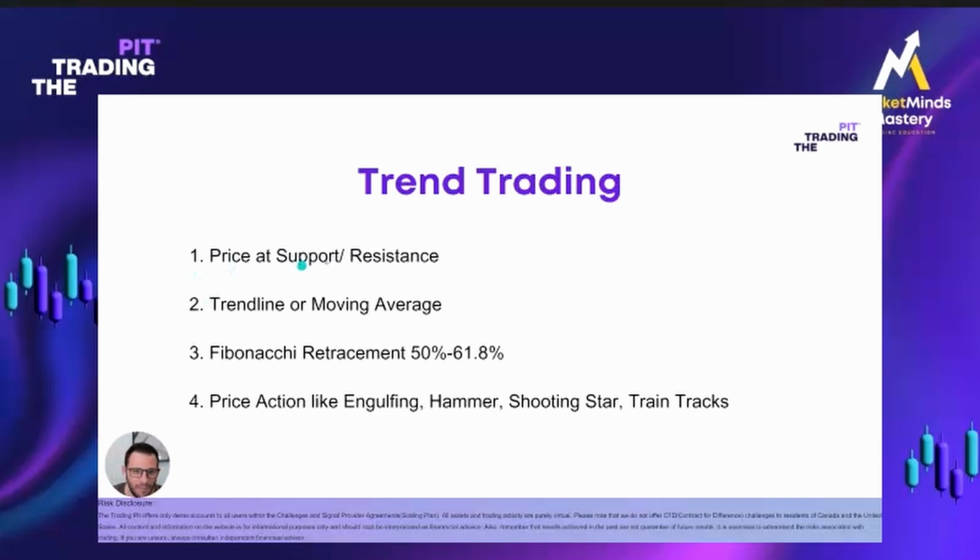So when we are trading trends, there are a few parameters that make a trade a high probability setup. One of these is, if we are going long, we look to take trades while the price is at support.